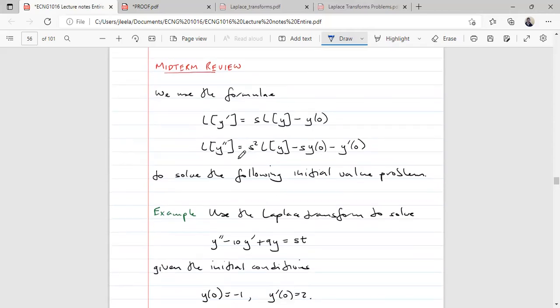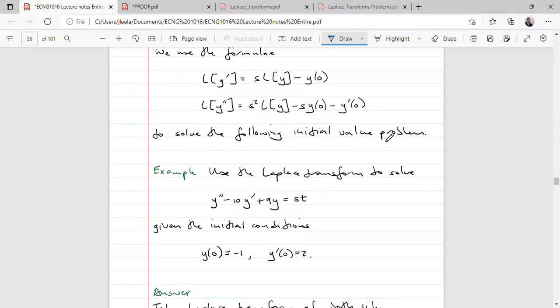So we use the formulae: L of Y prime is s L of Y minus Y naught. L of Y double prime is s squared L of Y minus s Y naught minus Y prime naught.